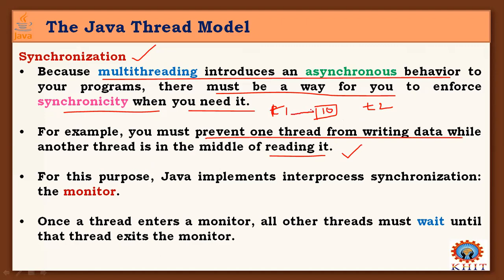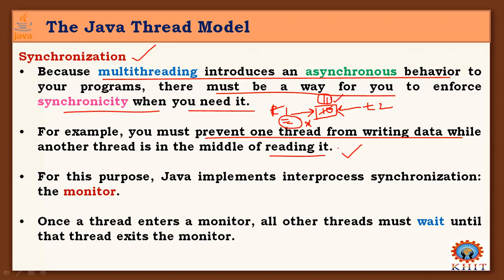T1 is going to perform a read operation to access this value 10 to perform some operations on it. In the middle of this reading by T1, T2 tries to modify it, making it 11. If it modified the data from 10 to 11, then whatever operations T1 made based on the value 10 are completely inconsistent, all wrong. Why? Because the current value is not 10, but 11.